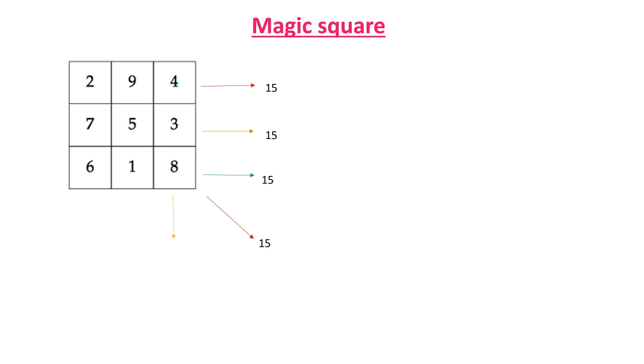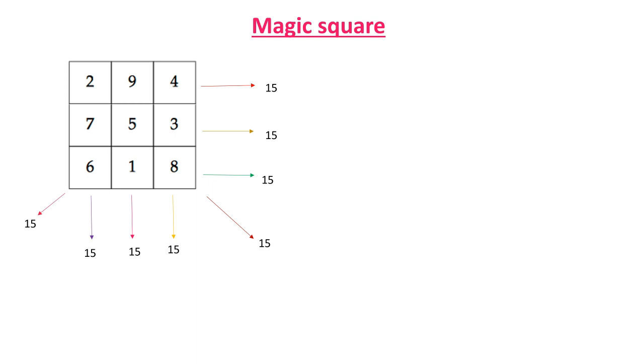See the first column, 4, 3 and 8, the sum is coming 15. The second column, 9, 5 and 1, again the sum is coming 15. The third column, 2, 7 and 6, again the sum is coming 15. And if we see the second diagonal, 4, 5 and 6, again the sum is coming 15.